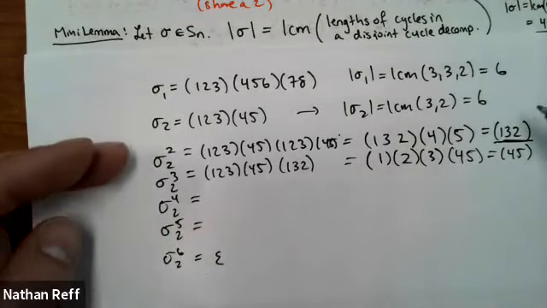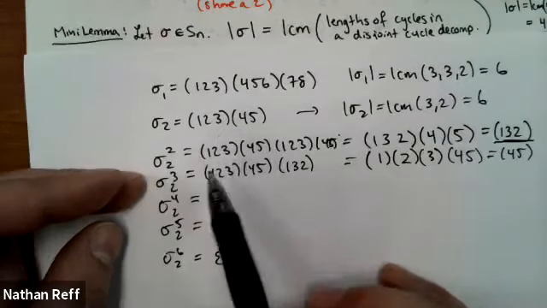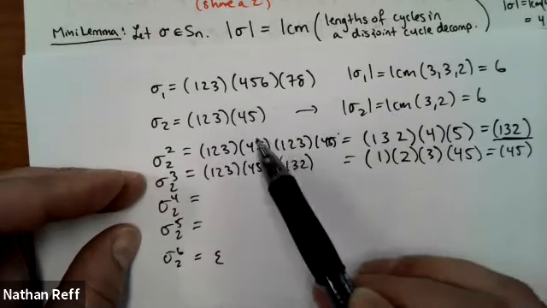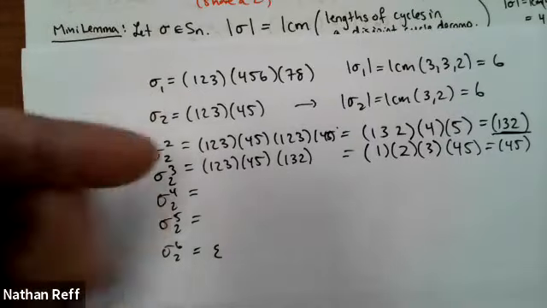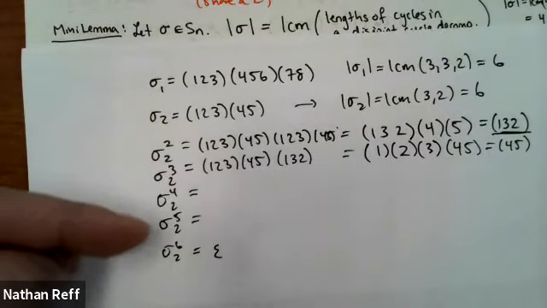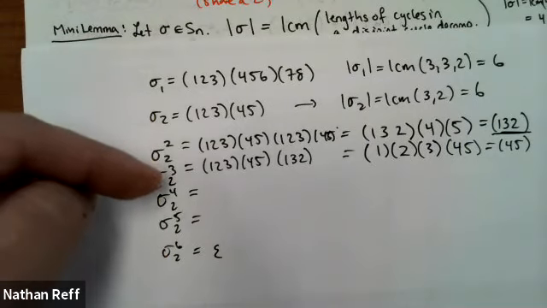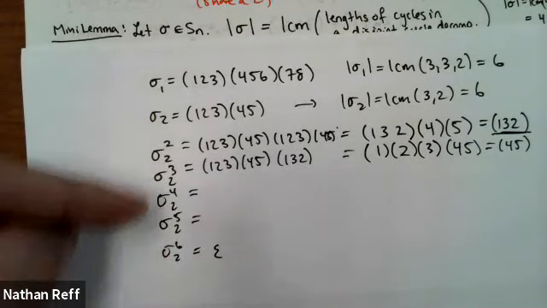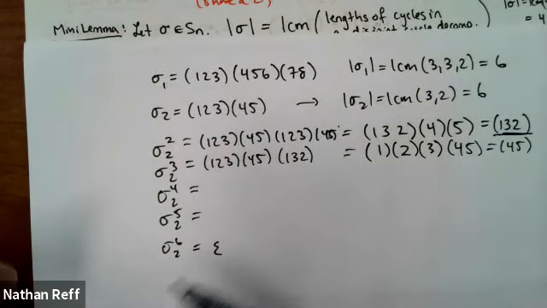So check this out. When I cubed this thing, the original 3 cycle went to the identity, but now that 2 cycle came back. So you see what's happening is the 2 cycle, every even power is going to go away. And every third power, the 3 cycle will go away. So you're looking for the first time that both of those will simultaneously go away at the same time.